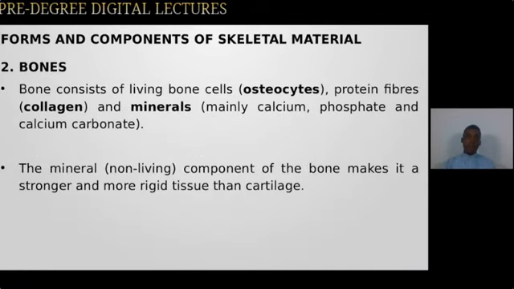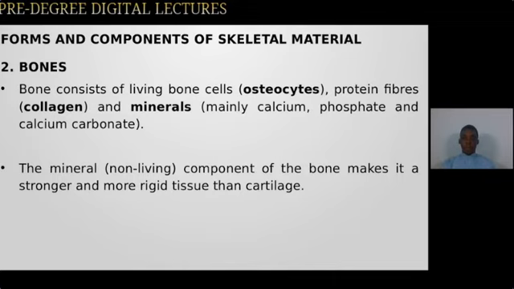The second type of skeletal material found in animals is bones. They are made of living cells known as osteocytes, and also protein fibers called collagen, and minerals like calcium phosphate and calcium carbonate. All these make up bone.